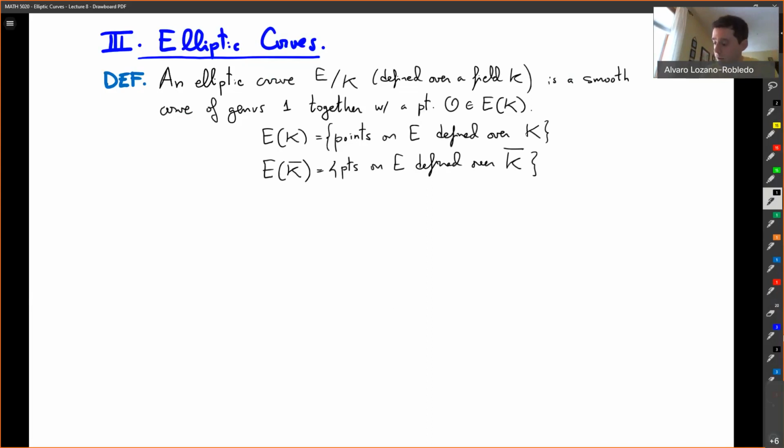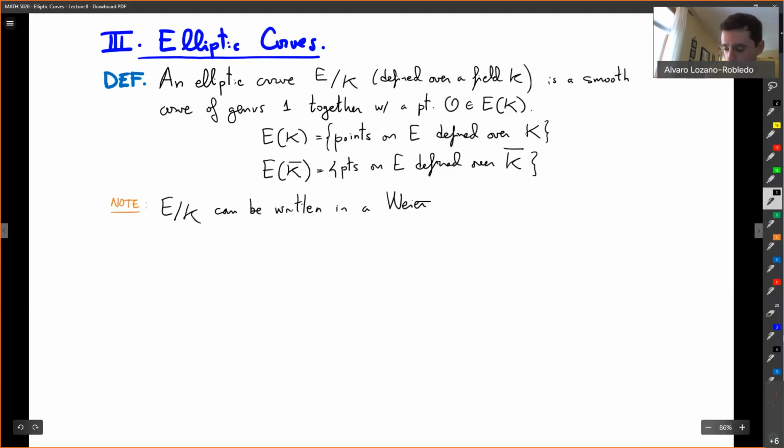What we've seen previously is that elliptic curves have Weierstrass models. So E over K can be written in a Weierstrass model.